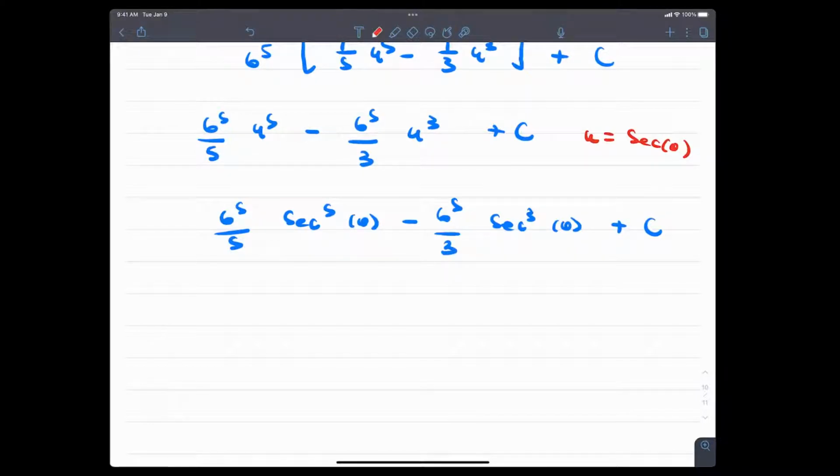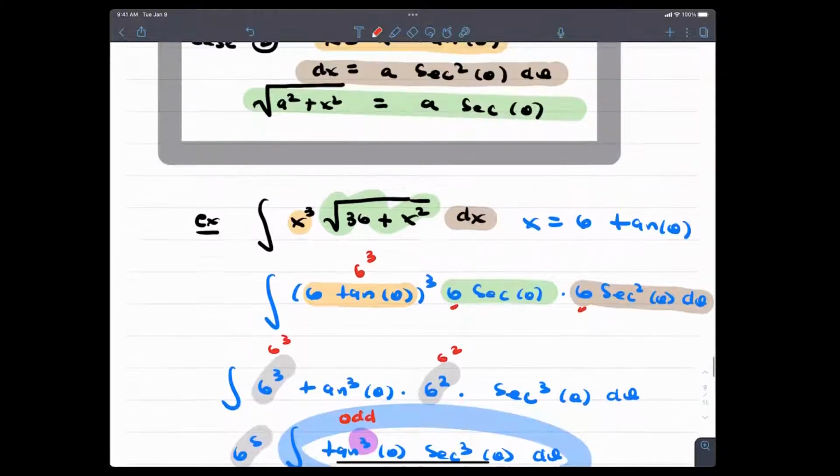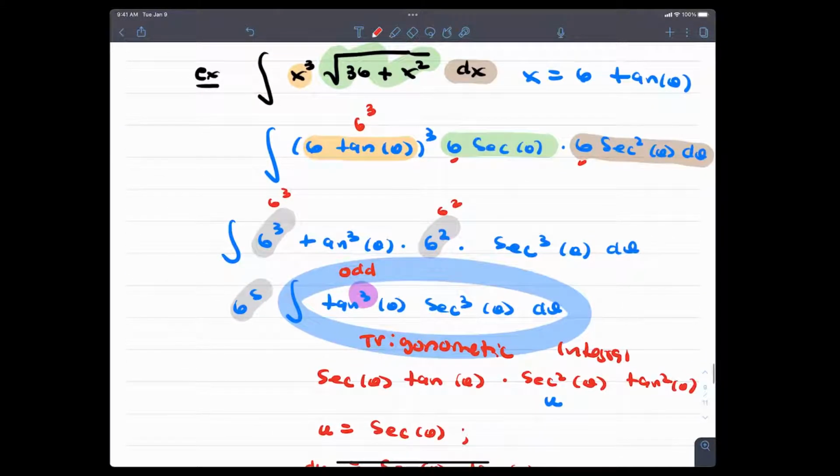So to ask you guys at this point now, if you remember this, you might say to me, well, what happens with all of this now? How did you start this original substitution? Remember this? What do we say? x is what here? x is 6 tangent theta.